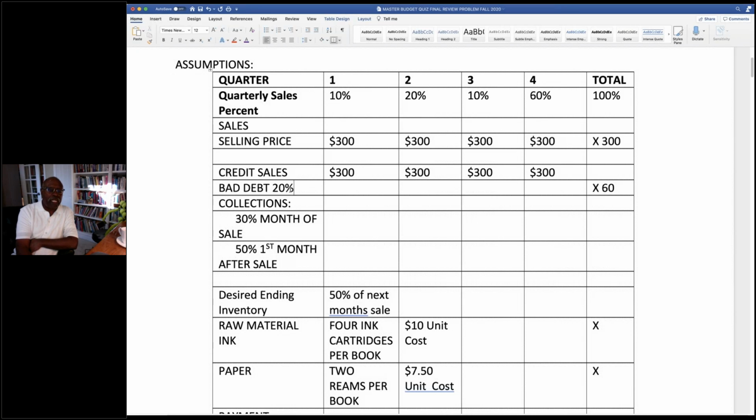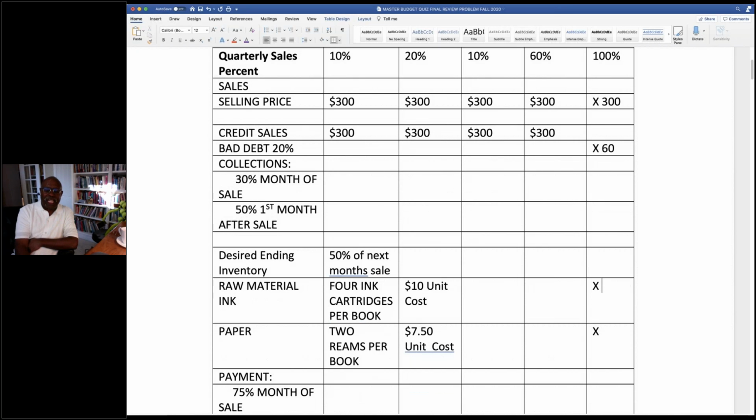So to get the 20%, we add up the collections and subtract from 100%. So that's how we got 60. How much are the ink cartridges? 40.